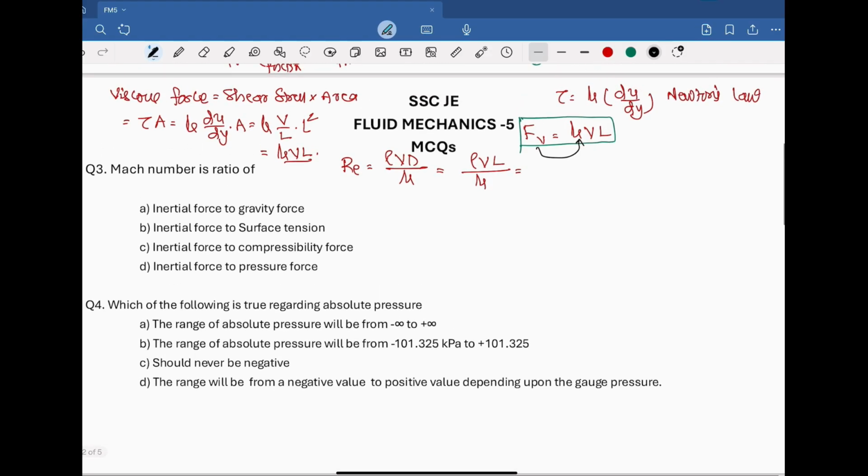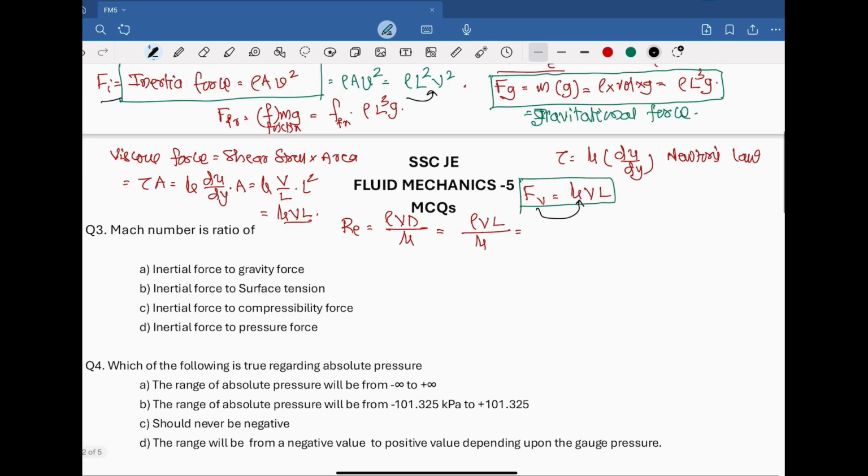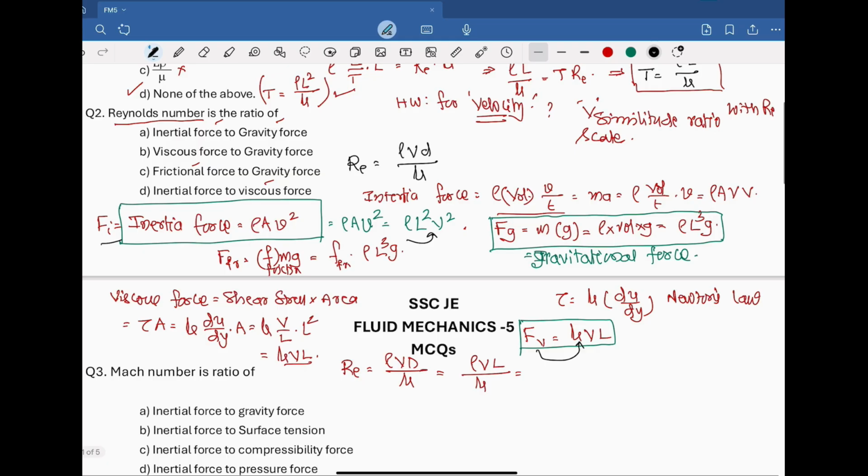That means rho V L is related to inertial force and mu is related to viscous force. So Reynolds number is nothing but the ratio of inertial force to viscous force. This is the answer D. Answer D.